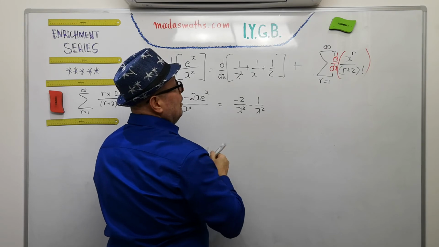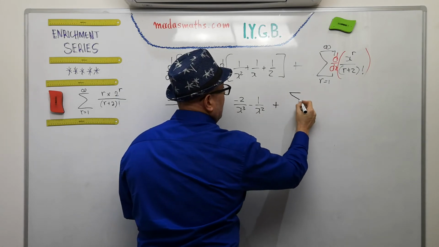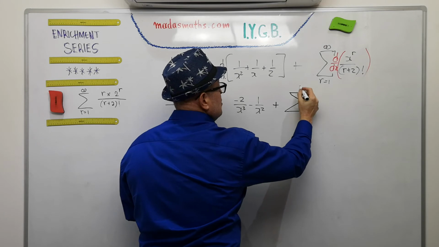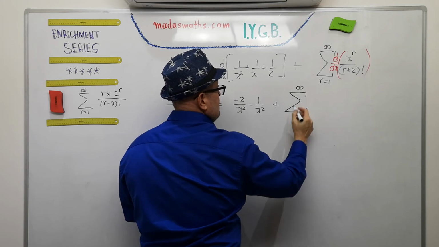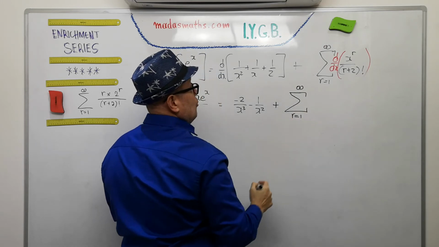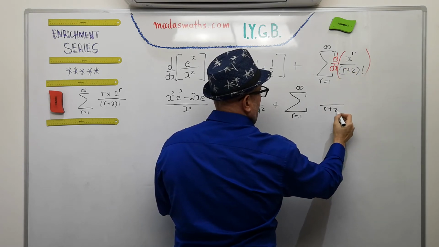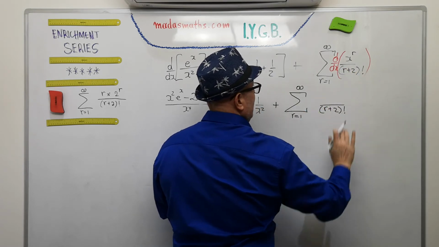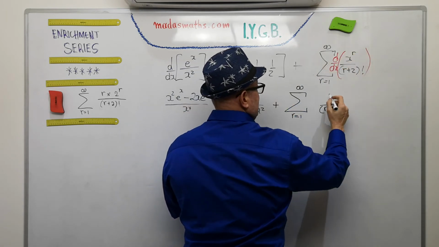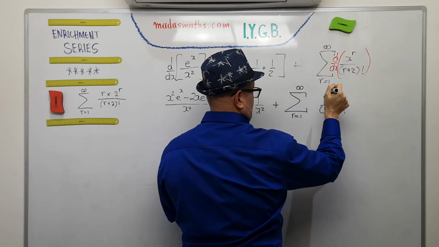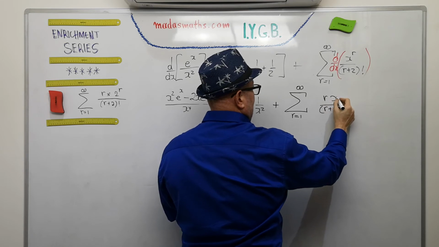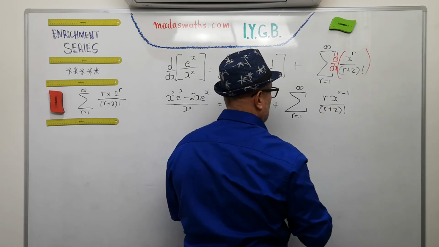There are some bits which are independent of x, so we have that 1 over r plus 2 factorial. There's no x in there. The only thing that has the x is that, and it will differentiate to r x to the r minus 1.